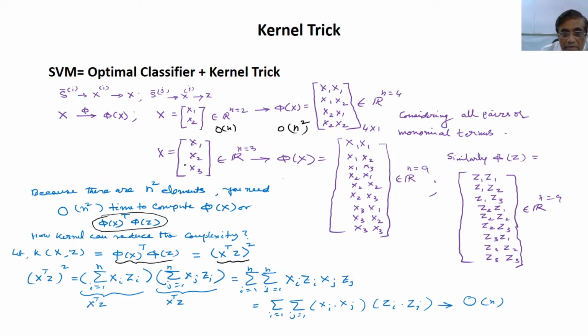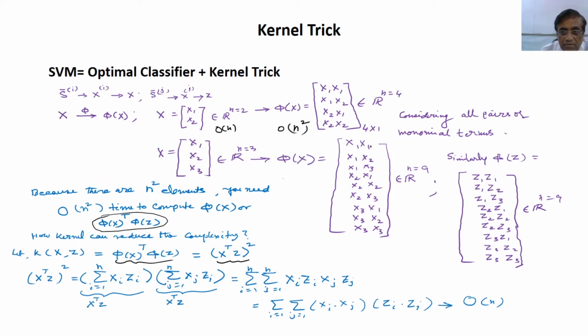Now, see if we repeat the same thing, now x is a 3-dimensional feature vector in the lower dimension: x1, x2, x3. How will it look in the higher dimensional feature space if we decide that we will use the pair of monomial terms to project the data?